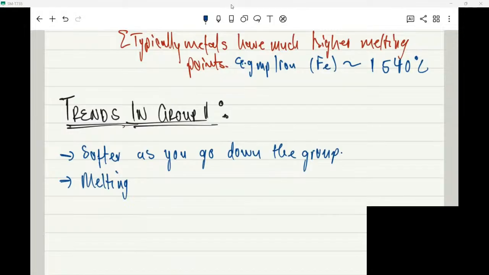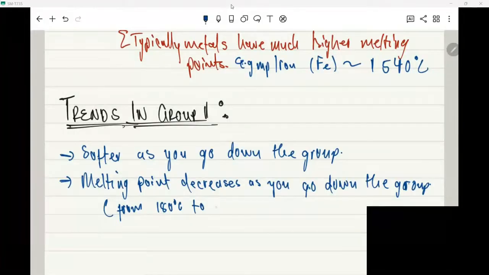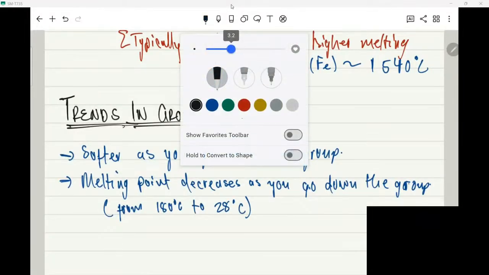The melting point decreases as you go down the group, from 180 degrees Celsius to 28 degrees Celsius.